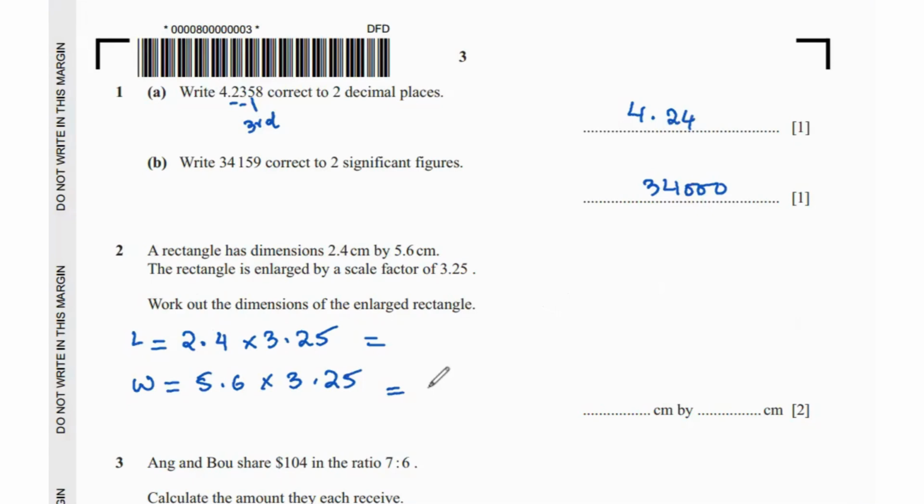Whenever you're trying to find the enlarged dimensions of any given shape, you multiply the original length by the given scale factor. So that's going to give us 7.8 centimeters for the length and 18.2 centimeters for the width. These are the dimensions of the enlarged rectangle.